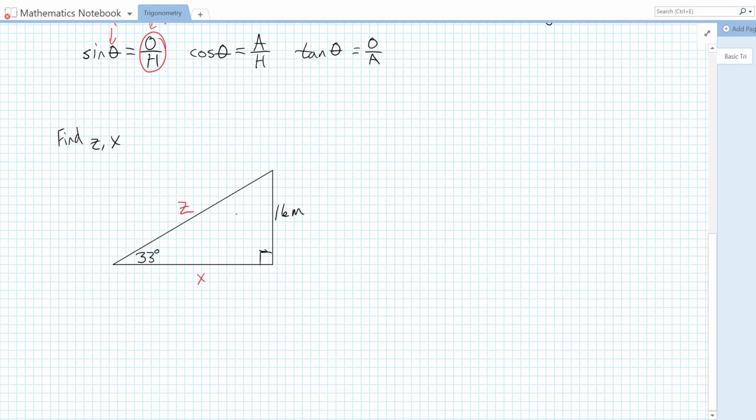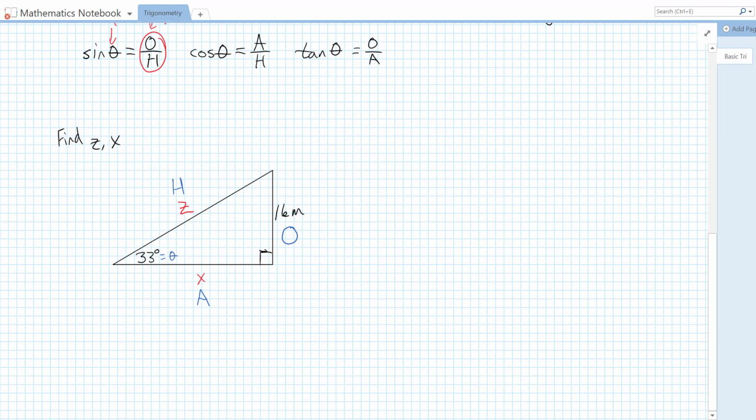We have one side and one angle. So let's take a look at these sides in terms of where they are relative to our angle. Let's set 33 degrees equal to theta. That means that the 16 meter side is opposite theta, so that's going to be our O. X is adjacent to theta, so that's going to be our A, and Z is our hypotenuse.